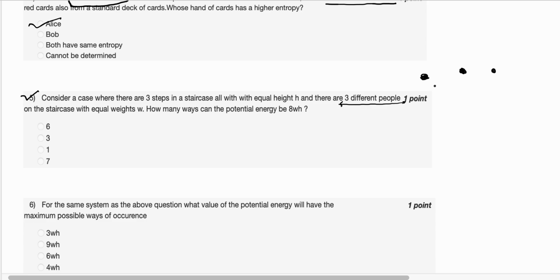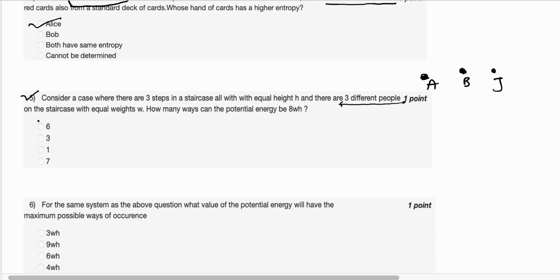That means you can think of each as having a name, like Alice, Bob or something. And there are 3 steps in the staircase, of equal height.